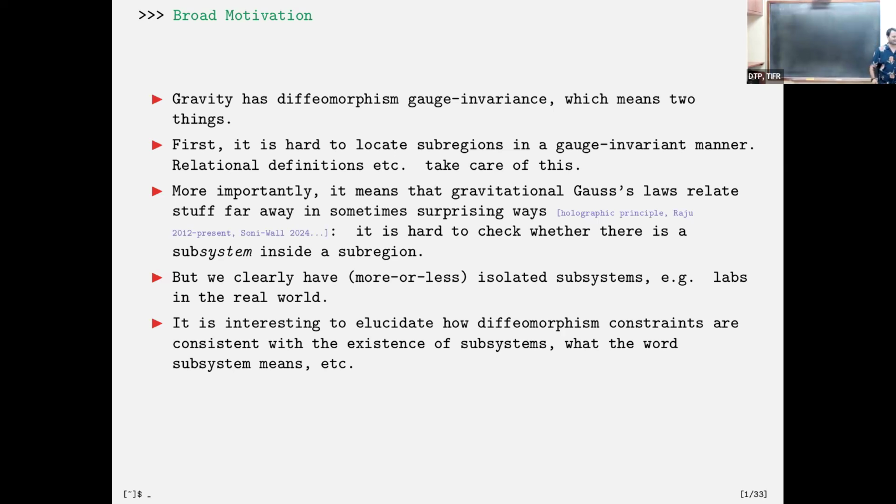So you have to be very careful when you dress. If you try to dress a subregion and end up dressing it by mistake outside the subregion, then someone can mess with the physical content of what's inside your subregion from outside. So it's not a subsystem. To have a subsystem, we want the same physical degrees of freedom no matter what happens outside.